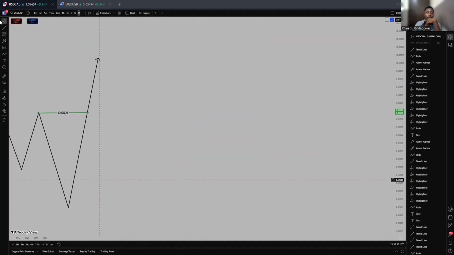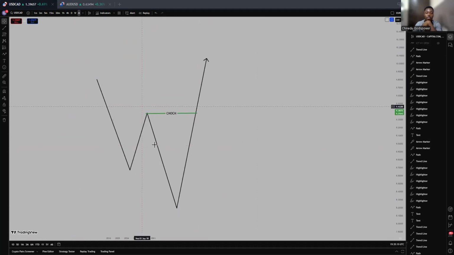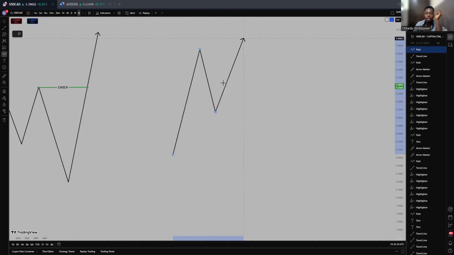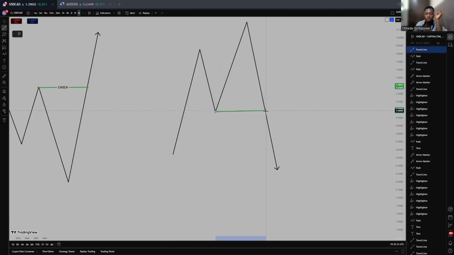All right, and you can see that a pattern has been formed, the W pattern, right? Now we can see this too. Price is creating a series of highs, then price comes to disrespect the most recent low. What has price done? It has created a change of character.